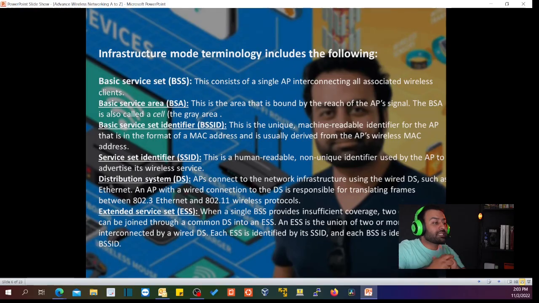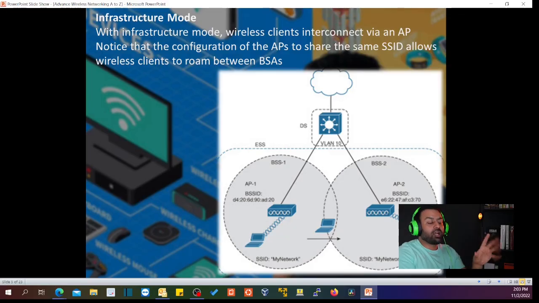So what is DS? DS stands for distribution system. An access point connects to the network infrastructure using wire. So what does it mean? If you look at in here, it's DS. We are talking about the topology, guys. You would say, hey, this is not an access point, this is a switch.